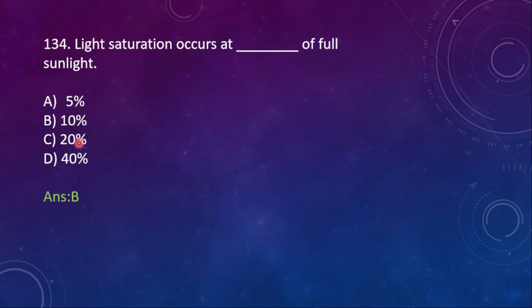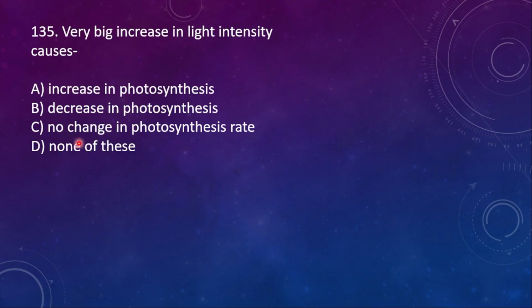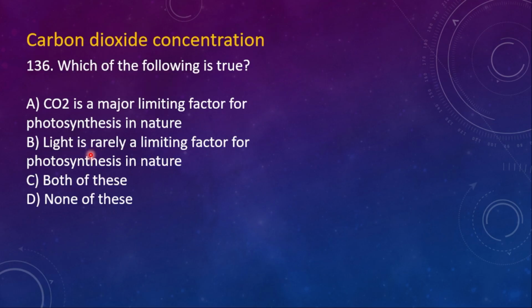Here B, 10%. 135. A very big increase in light intensity causes: increase in photosynthesis, decrease in photosynthesis, no change in photosynthesis rate, or none of this. If a very big increase in light intensity happens, then a decrease in photosynthesis happens.